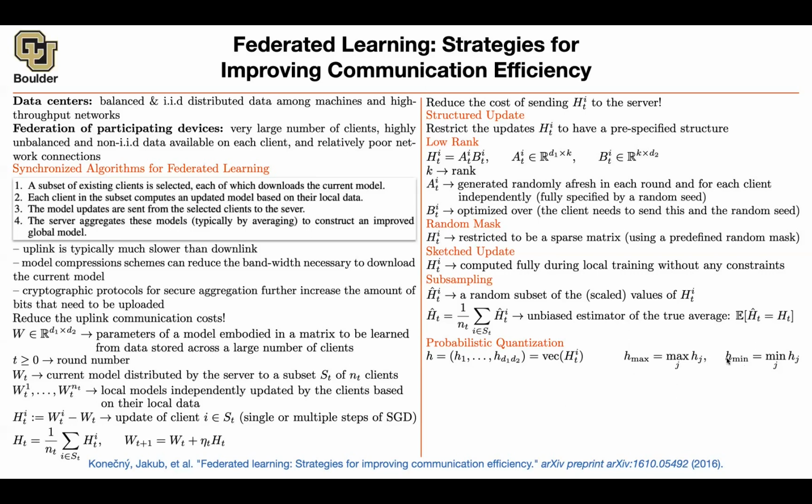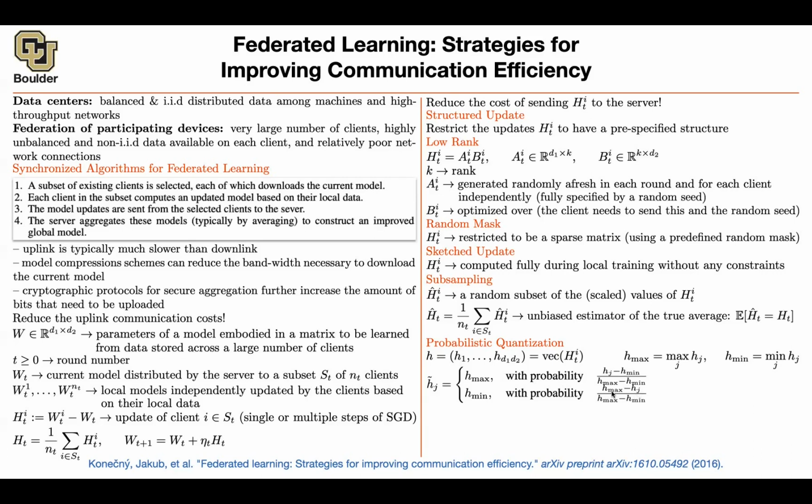These two quantities you need to communicate with the server, and then you're going to quantize H. How would you quantize it? These entries in that vector are either going to end up being the maximum position or the minimum position at random, with some probability that is proportional to how far you are from the minimum or how far you are to the maximum position.